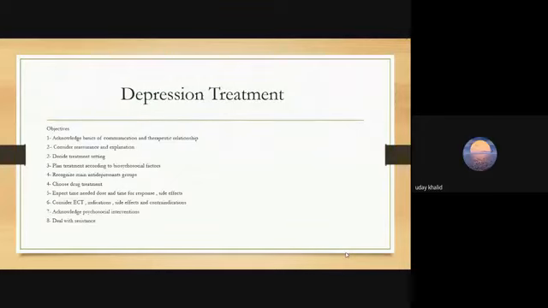Decide the treatment setting, meaning where we treat the patient, at home or in hospital, and plan treatment according to biopsychosocial factors. Then we need to recognize the main antidepressant groups, choose drug treatment, expect the time needed, the dose, and the side effects. Consider ECT, electroconvulsive therapy, with its indications, side effects, and contraindications, and acknowledge the psychosocial interventions and deal with resistant cases.